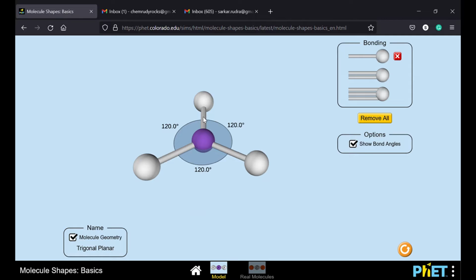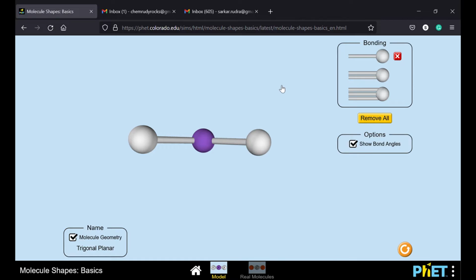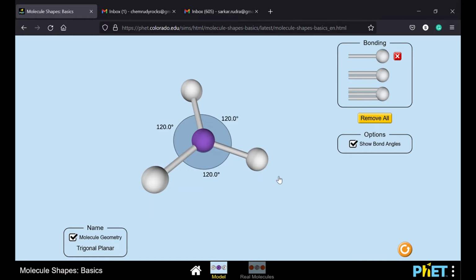The angles, if you check, are all 120. Since all the atoms are lying in one plane, you cannot see the atom that is behind the purple one. Now if you rotate it, as you can see, we will call this particular shape trigonal planar because it is in one plane.